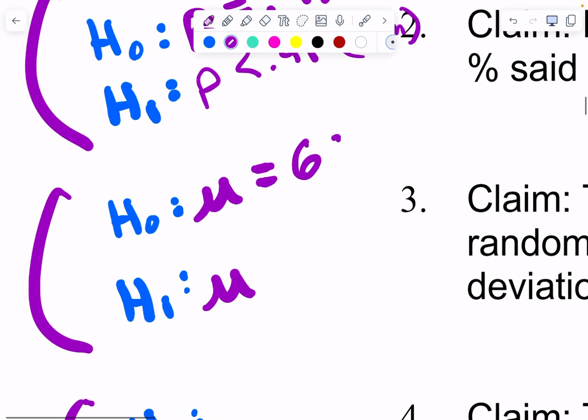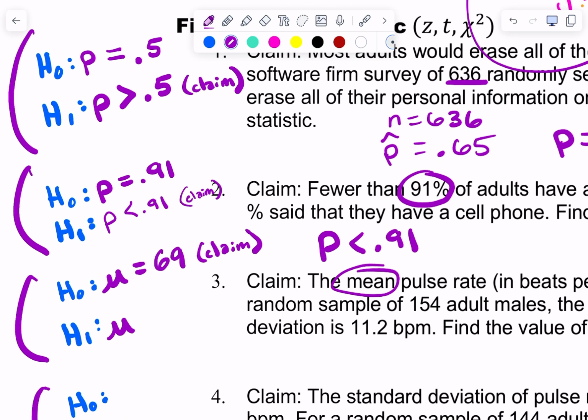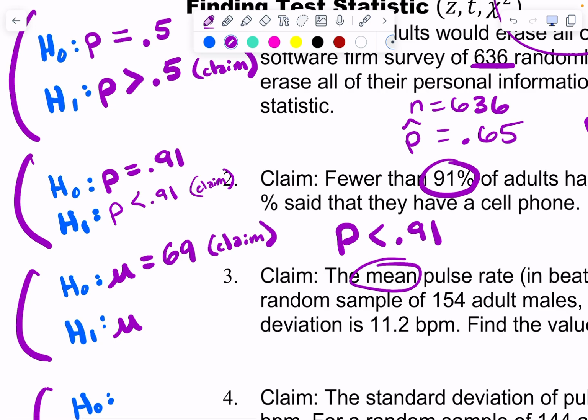Equal to 69 beats per minute. That's what I'm claiming is happening. I am claiming that the mean pulse rate is equal to. So here, my claim goes with the top one. I just said your claim is not going to always go with your alternative hypothesis. Now, what symbol do we use down here for 69 beats per minute? Mu is what in comparison to 69?